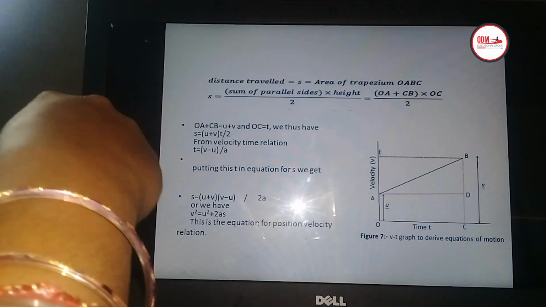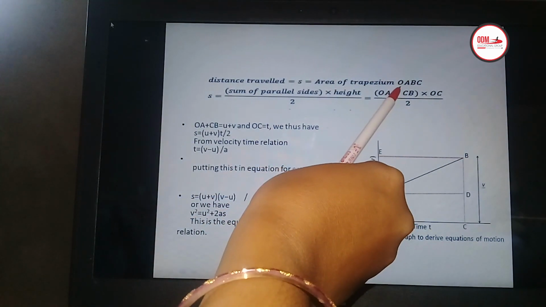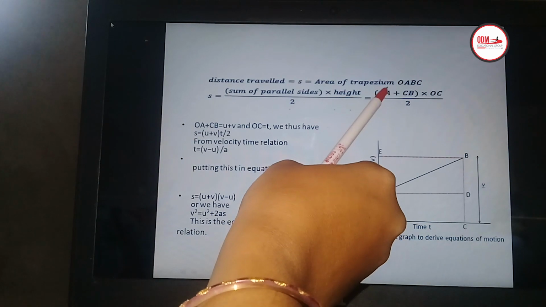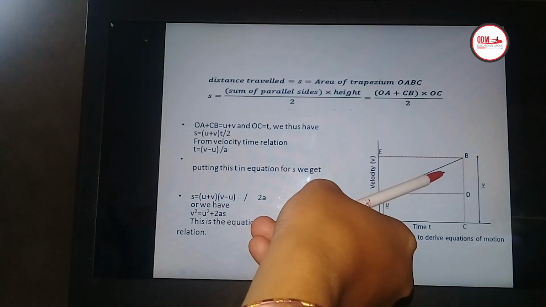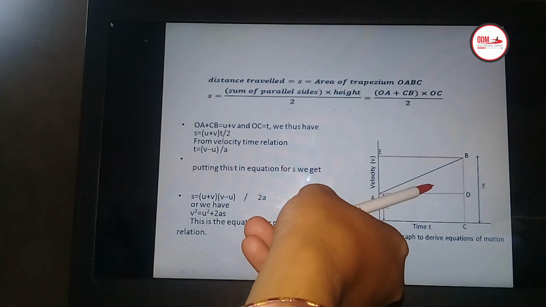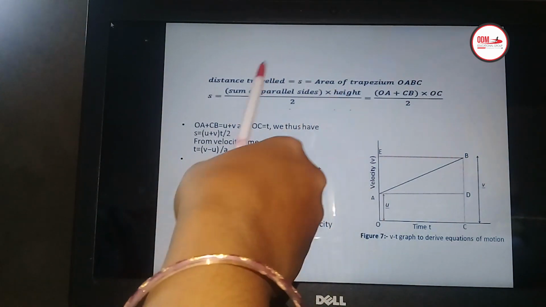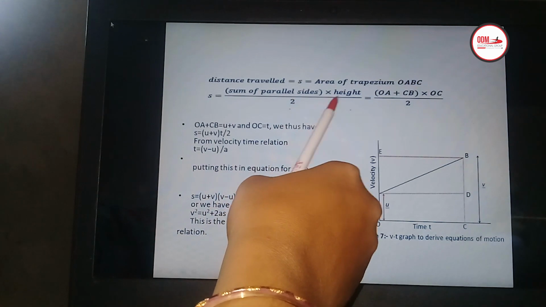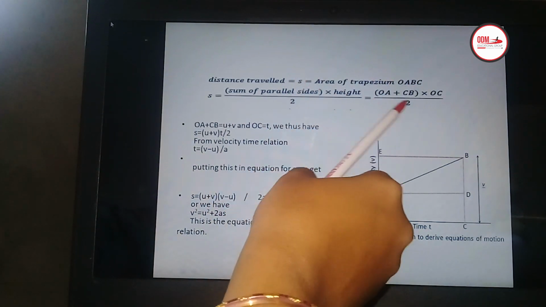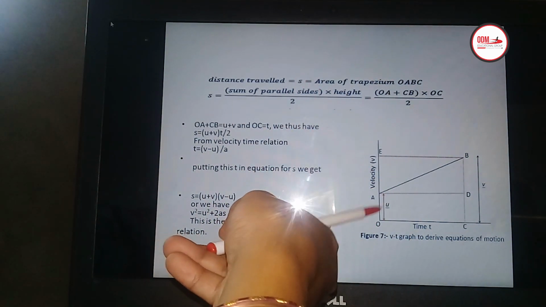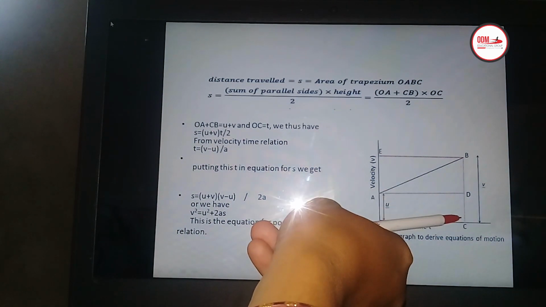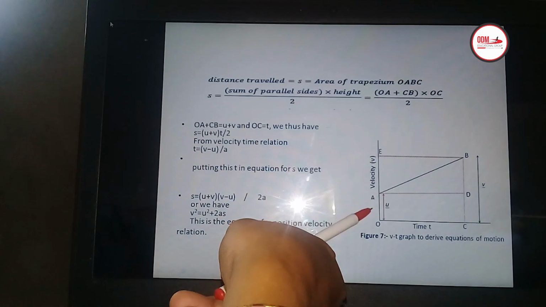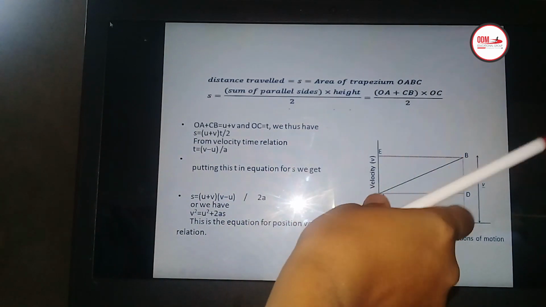Children, in the second equation of motion, we split this trapezium into two parts, one a rectangle and the other a triangle. But here we directly put the formula for the area of a trapezium, that is, the sum of parallel sides into height divided by 2. The parallel sides are OA and BC, divided by 2, and the height is OC or AD, we can take OC.